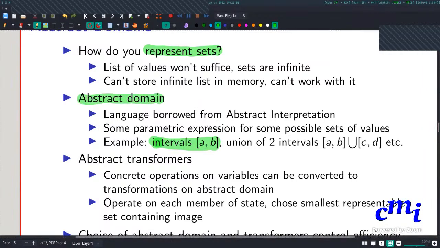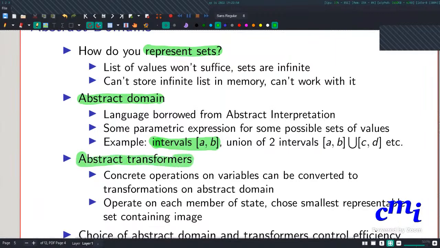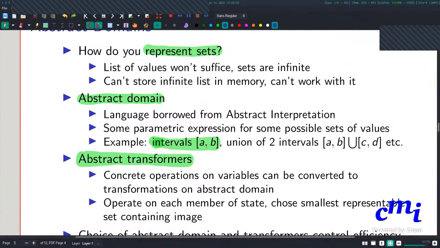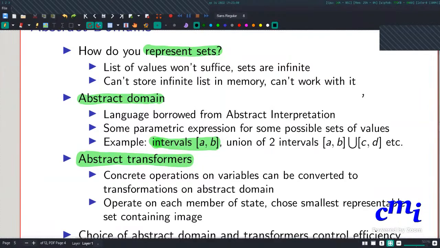And as Sir showed, you can push intervals through statements, right? Whenever we push these intervals, or these abstract domains, through statements, we call this the abstract transformation. So essentially, you have some actual concrete operation, that may be a linear layer, let's say, which takes a variable to something here.